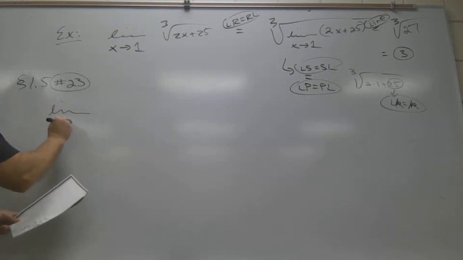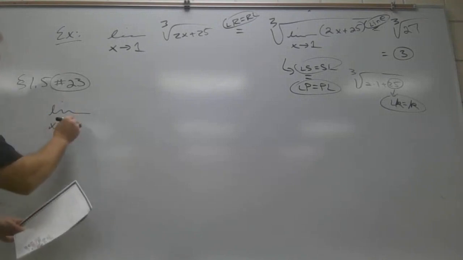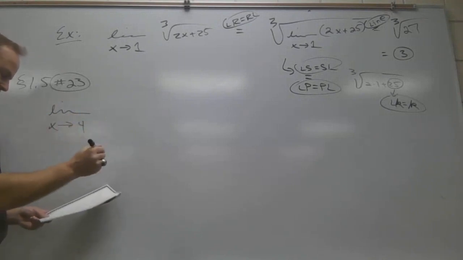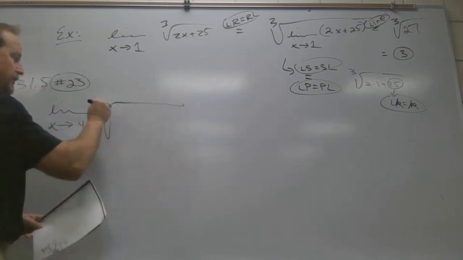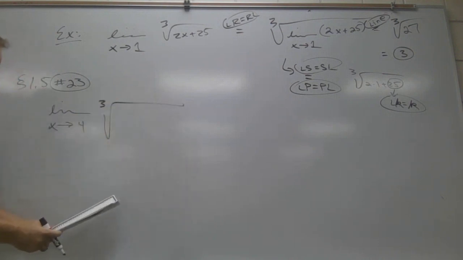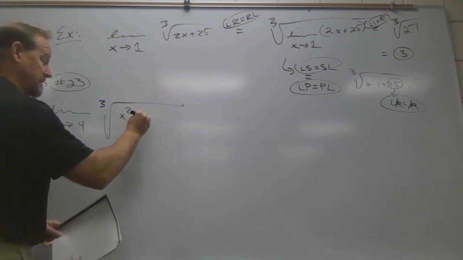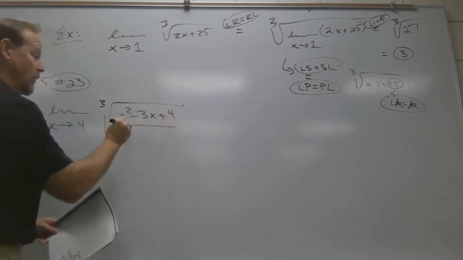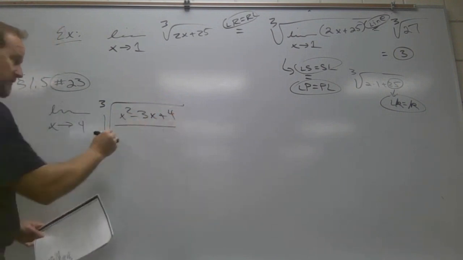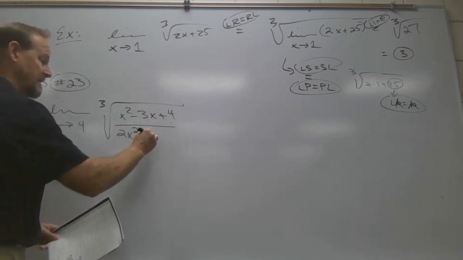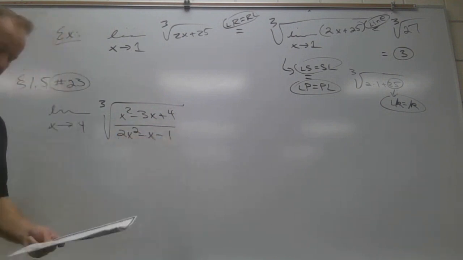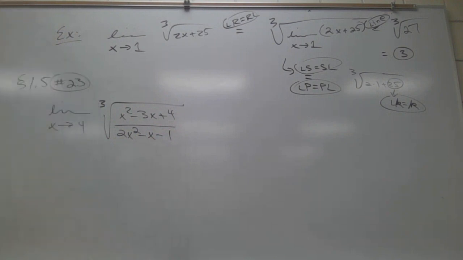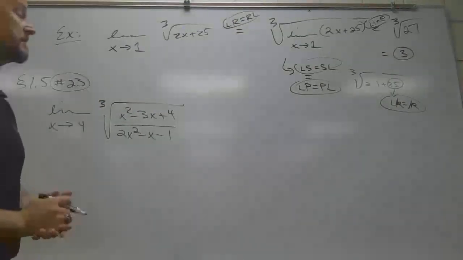What we have is the limit as x approaches 4 of the cubed root of a quotient, x squared minus 3x plus 4 over 2x squared minus x minus 1. As long as I wrote it down correctly, I think this is what it is. So now I have the limit as x approaches a specific value of the cubed root of a quotient. How can I use my limit theorems?